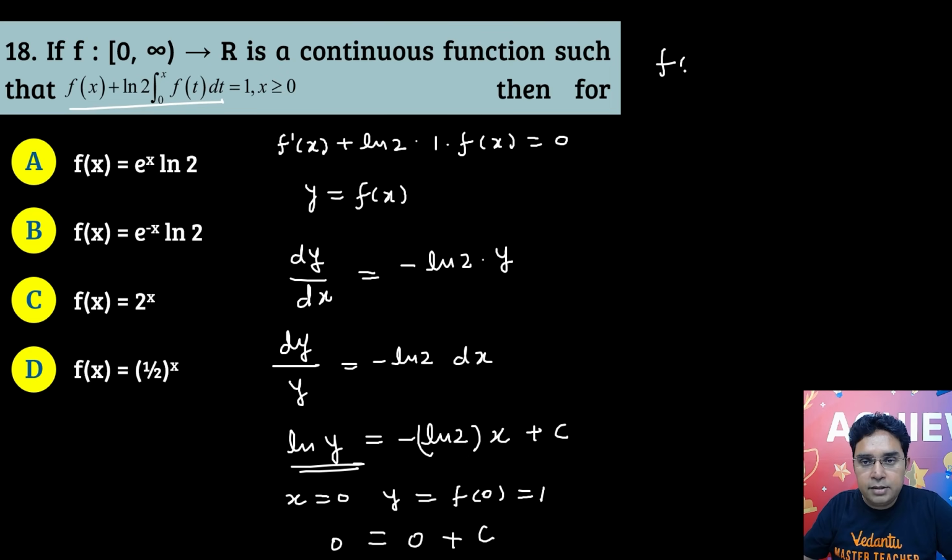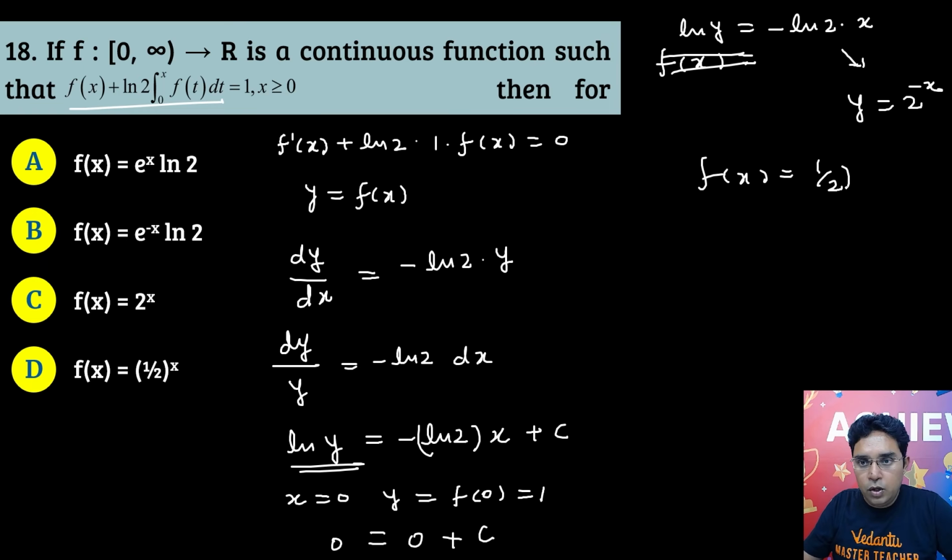So ln y is equal to minus ln 2 into x, which gives y is equal to 2 raised to the power minus x. So f(x) is equal to 1 upon 2, whole raised to the power x. So the answer is D.